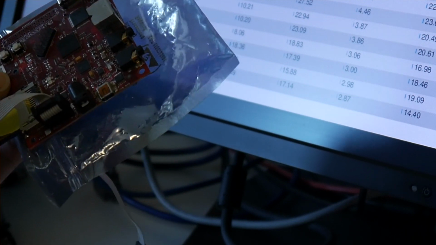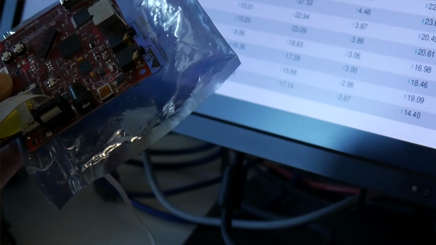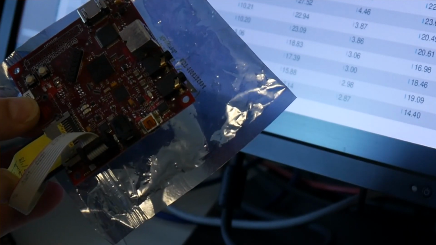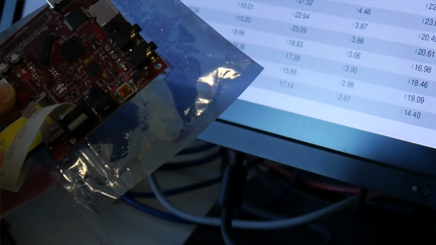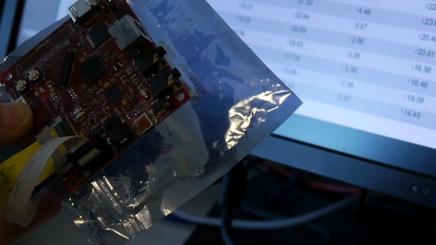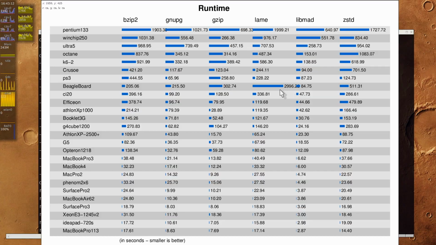So I actually changed the script on just the BeagleBoard to use a Unix dd command to pipe this WAV file to /dev/null before running the test to effectively cache the file. I think this improved the benchmark slightly, and this is already the improved number. But yeah, for some reason it really performs that badly.